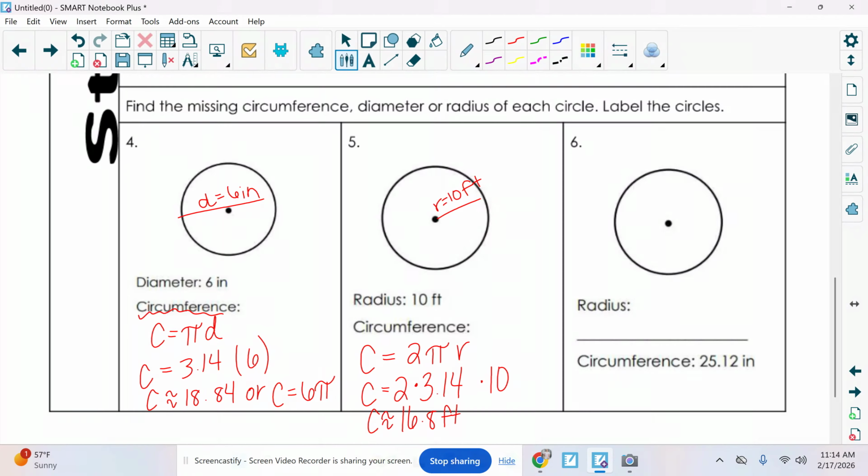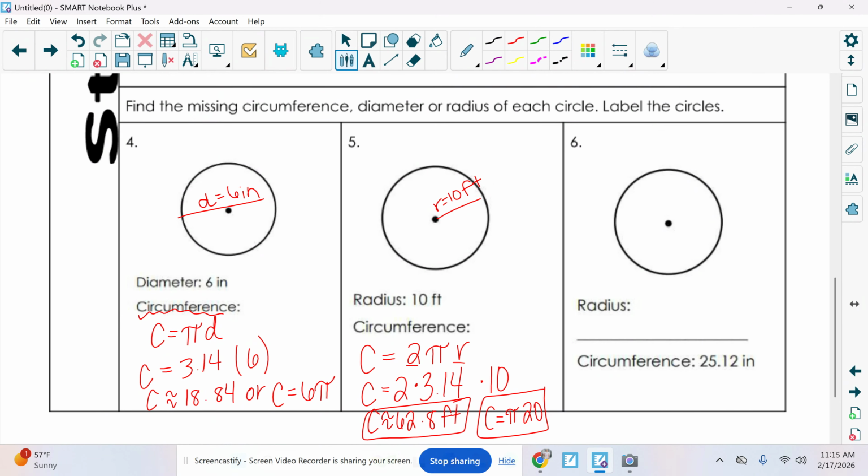If I wanted to write this in terms of pi, I would want to leave the pi, but I would combine my 2 and my r, which is 2 times 10, which is 20 pi. So either one of those would be correct.